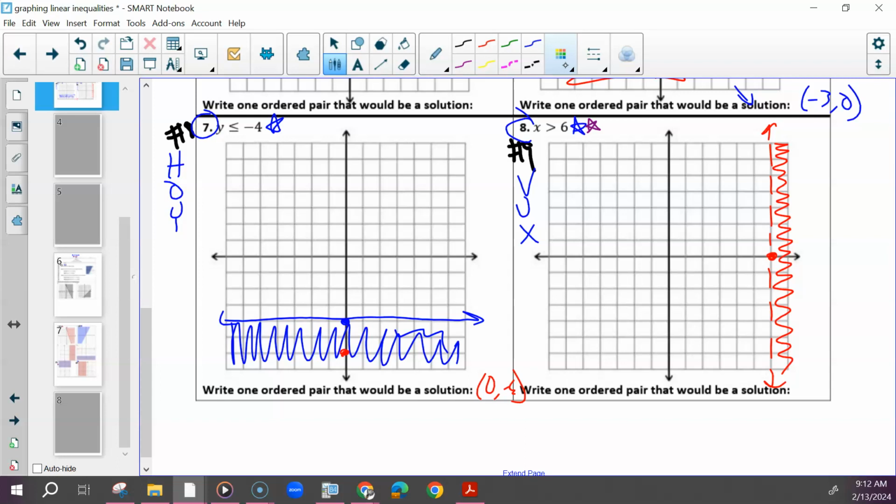And then give me an ordered pair that would be a solution. Seven, really anything on this would be great.